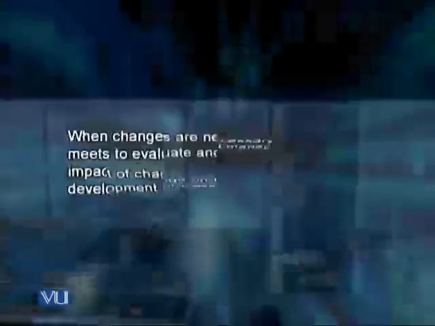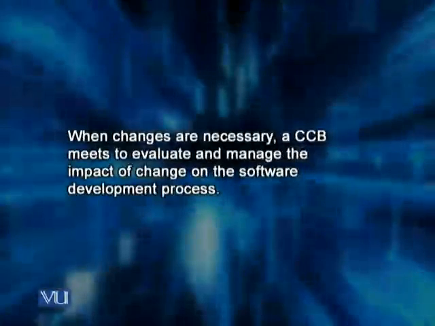These minutes should have a format, and any format can be selected by a project or by an organization. When changes are necessary, a CCB meets to evaluate and manage the impact of the change on the software development process. This is a requirement for a change.